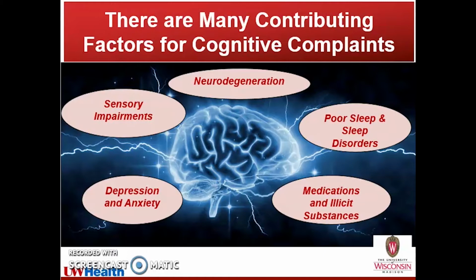Sleep disturbances such as sleep apnea and other sleep problems. Medical conditions sometimes can cause acute delirium or confusion. And finally, a number of different medications and substances that are used can interfere. So all these things need to be considered above and beyond a neurodegenerative process like vascular dementia or Alzheimer's dementia.